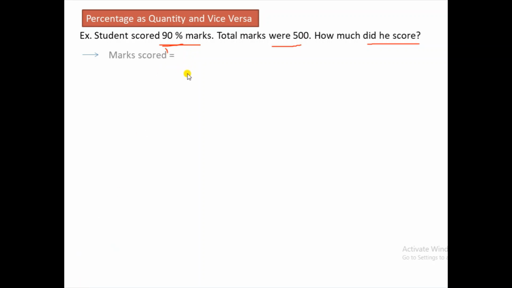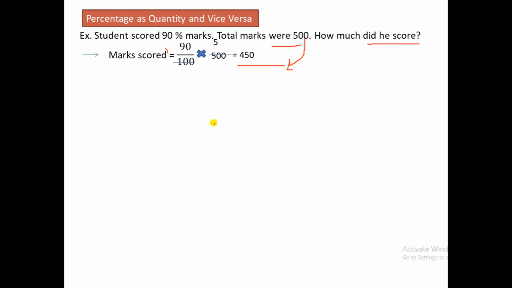The marks scored will be 90 divided by 100, because this is given in the form of percentage, we are converting it into a ratio. So it is 90 divided by 100 multiplied by 500, because out of 500 we want the marks. So 500 by 100 is 5, and 5 into 90 is 450. So this 450 is nothing but the marks out of 500.